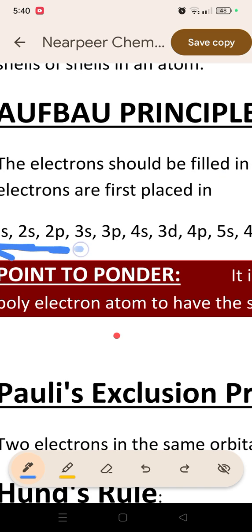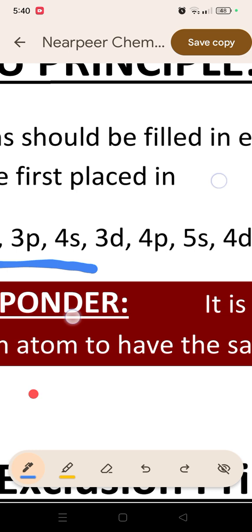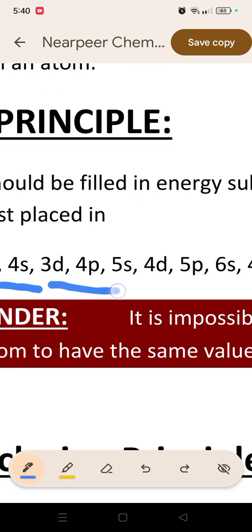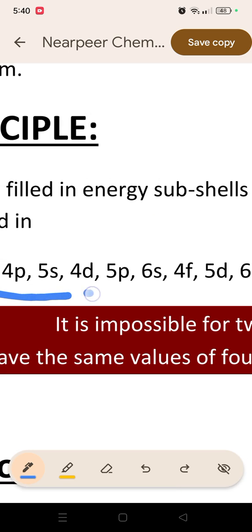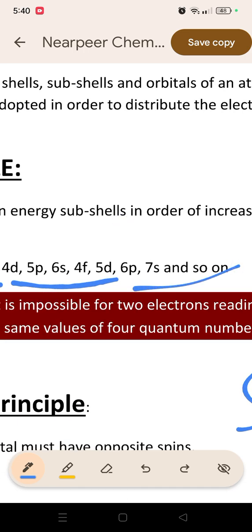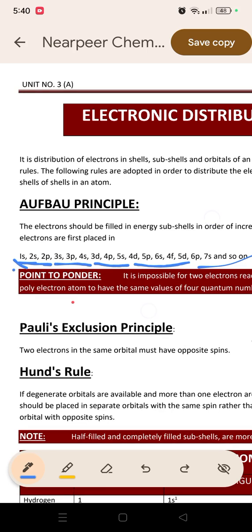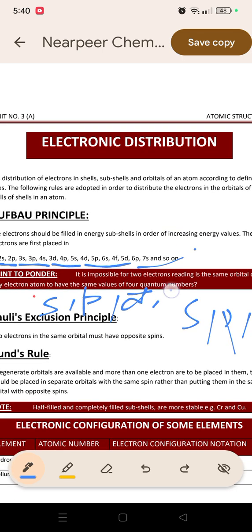In the third shell we have 3s, 3p, 4s. Then we have 3d, 4p, 5s. Here we have 4d, 5p, 6s, and this would continue. So you need to make sure s is taken first, then it goes with p, then d, then f.